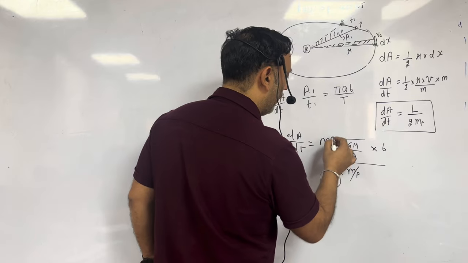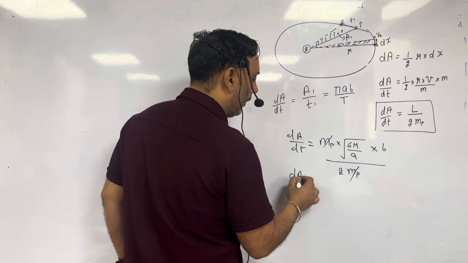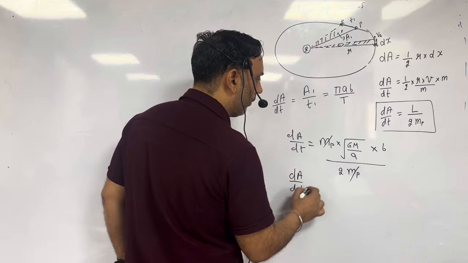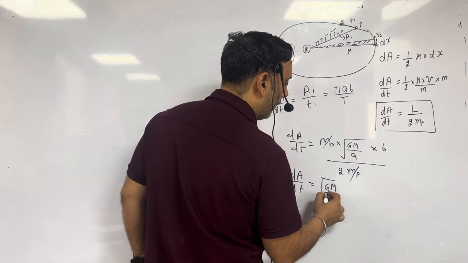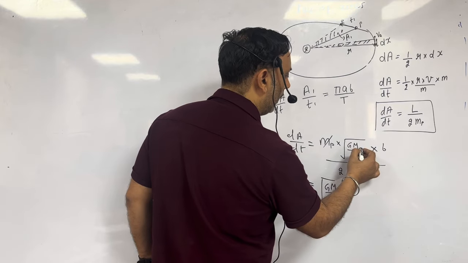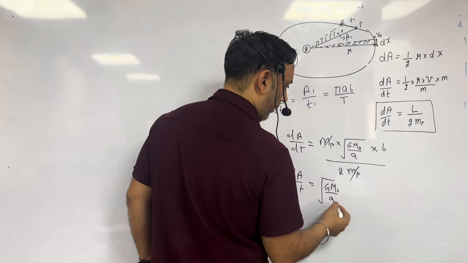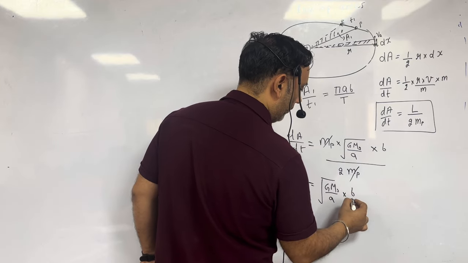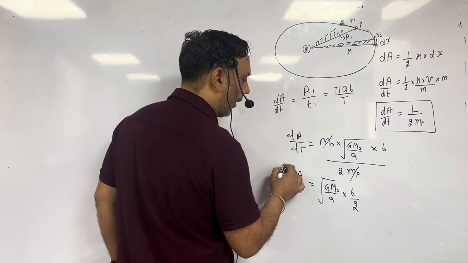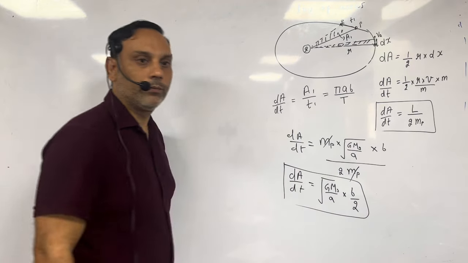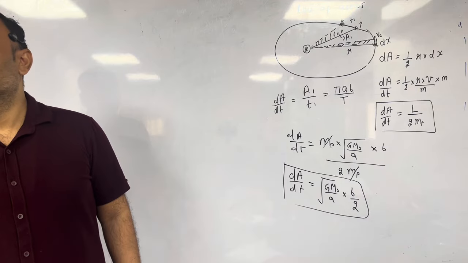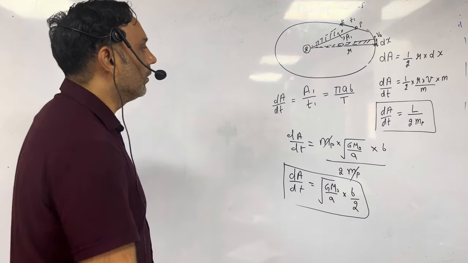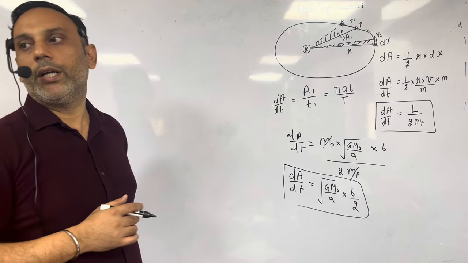So this areal velocity you can write just in terms of a, b and mass of sun, where Ms means mass of sun. So that is also areal velocity. Right, beta? Understood or not? Okay. So those are some expressions of areal velocity.